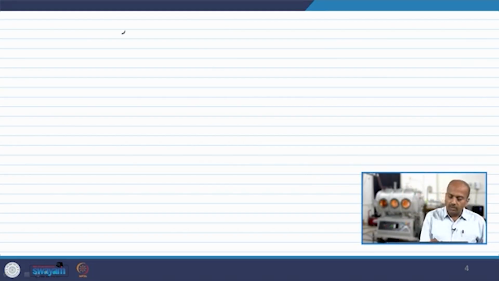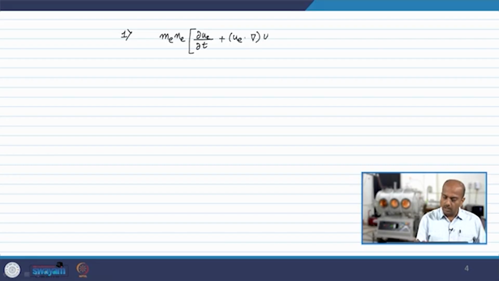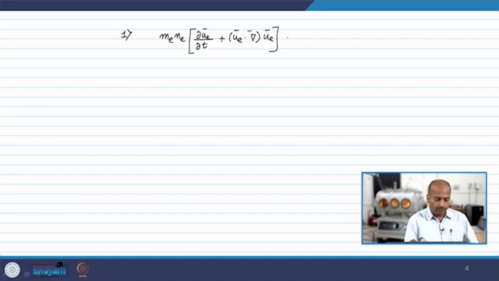The first equation that we need is the momentum equation for the electron: m_e n_e (dU_e/dt + U_e dot del U_e) equals minus e n_e E. We know all of these parameters.